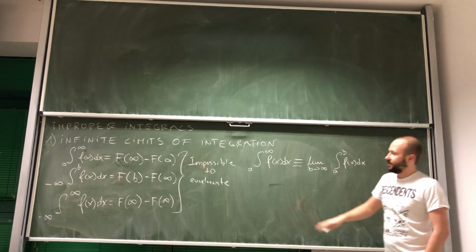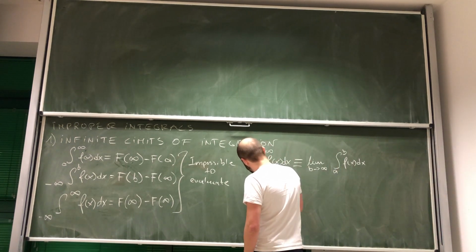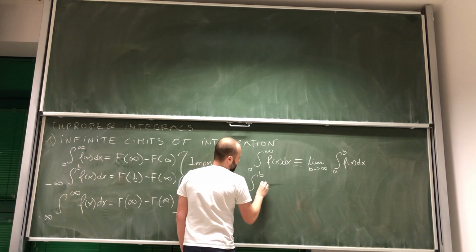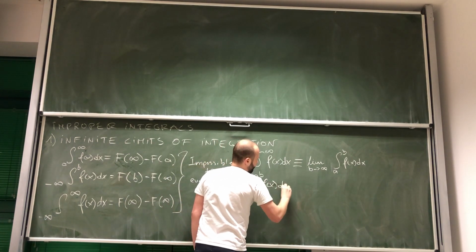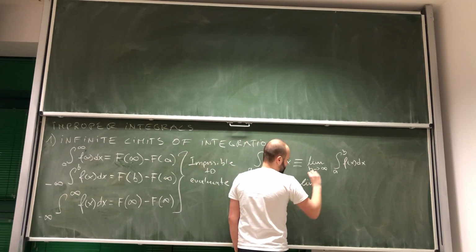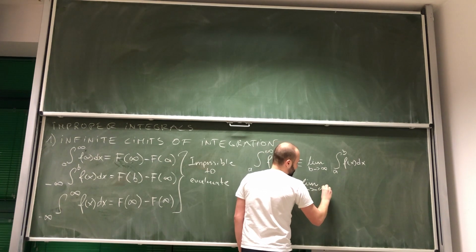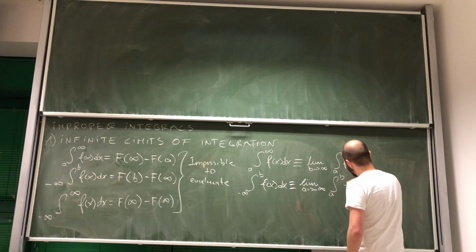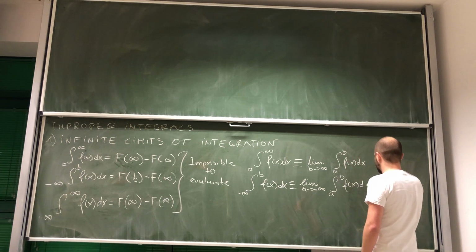And look, similarly, in the second case, integral from negative infinity to some b f of x dx is by definition given as a limit with a approaching negative infinity out of the integral from a to b f of x dx.